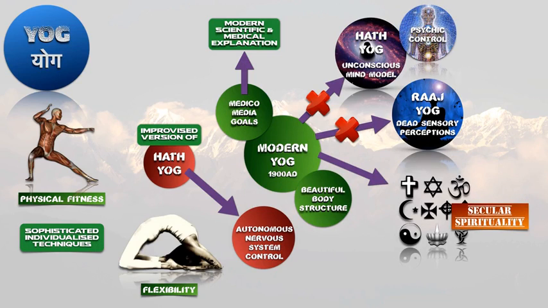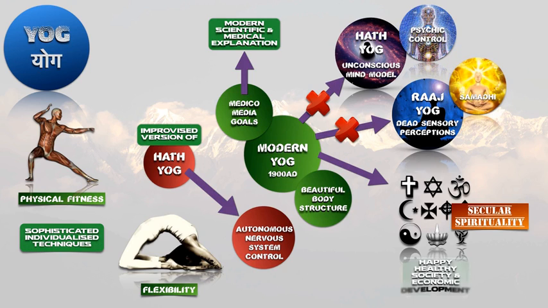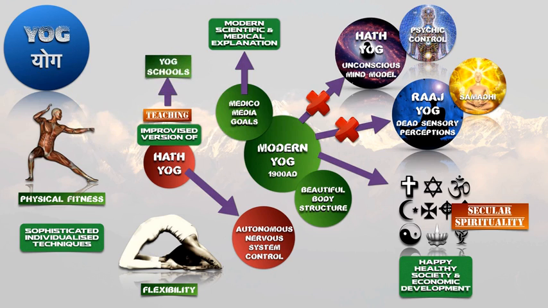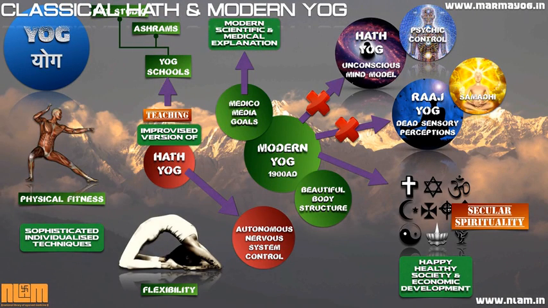There is no emphasis on psychic control of the body or the concept of samadhi as mentioned by Patanjali, but more towards a happy, healthy society and economic empowerment. It is hence very much oriented towards this world. Yoga is taught through yoga schools, which are organized as large-scale ashrams or small to medium private yoga studios.